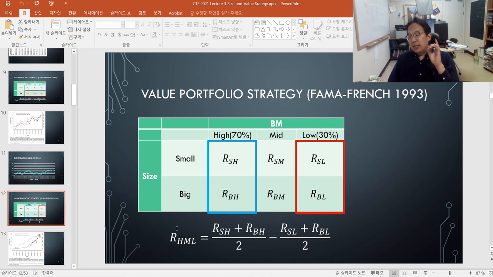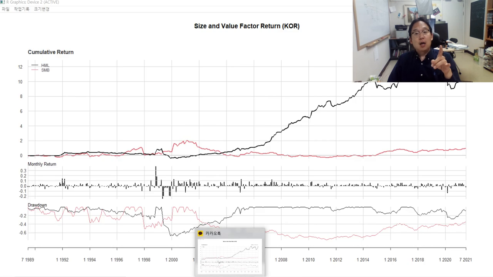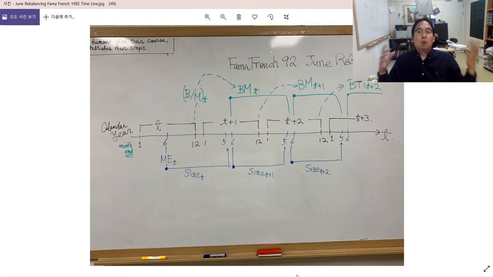Now, again, easier said than done. Why is that so? Compared to the momentum trading that you checked last time, here is a complication. For momentum, we did not have to worry about accounting data. It was purely based on stock market data. But when it comes to book to market, the value factor, one of the components, the numerator, the book value of equity, comes from accounting data.